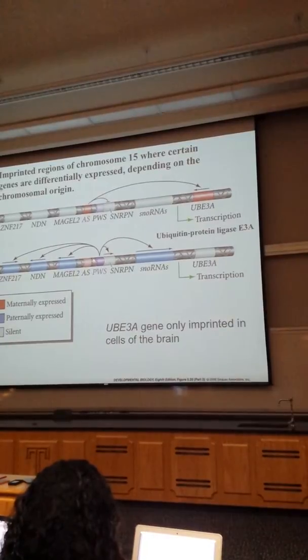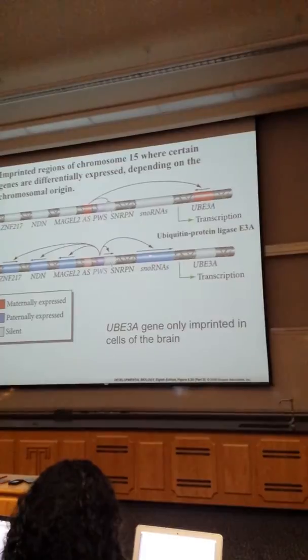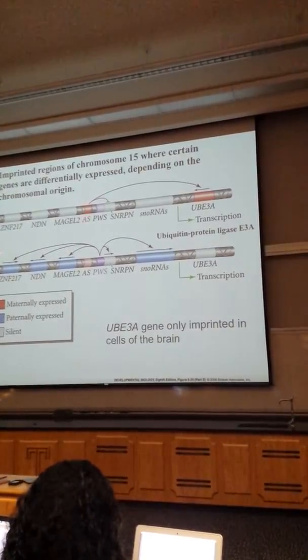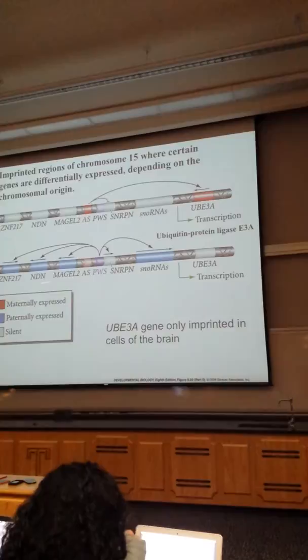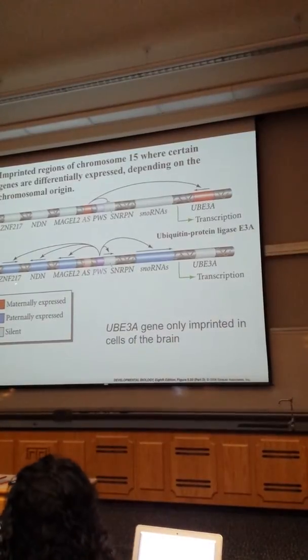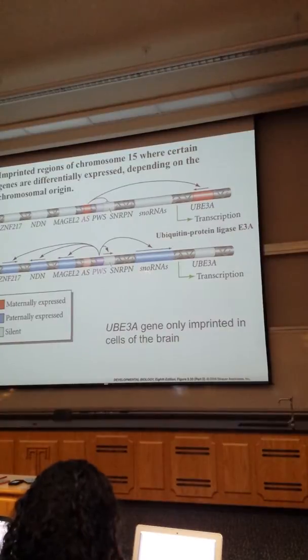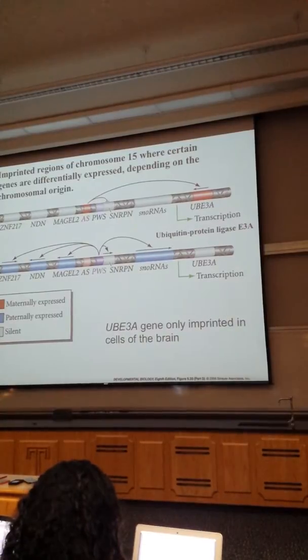The Prader-Willi syndrome enhancer activates expression of a whole series of genes on the male-derived chromosome 15, the ACE2, NZN, ZNF217, small nuclear RNAs. All of these are actually under control of the Prader-Willi syndrome enhancer.